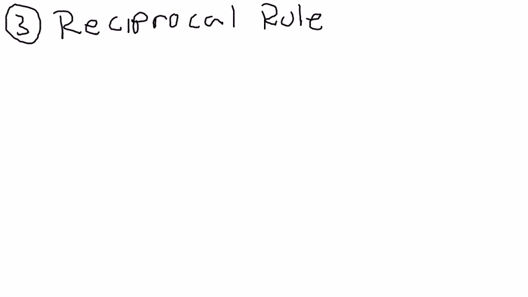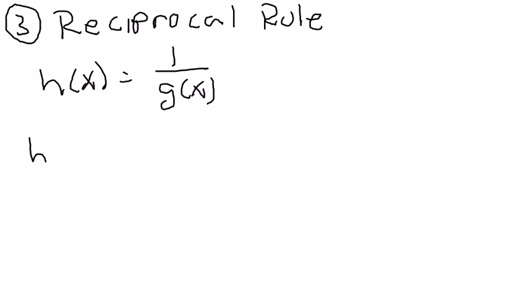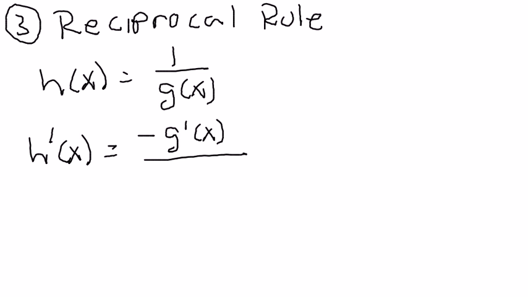So with reciprocal rule, let's say now h of x is equal to 1 over g of x. Then the derivative is going to be negative g prime of x over g of x squared.